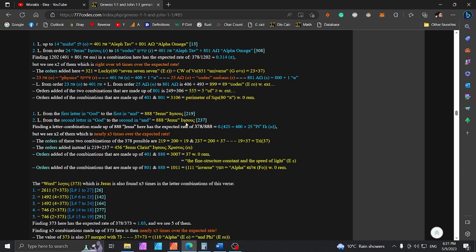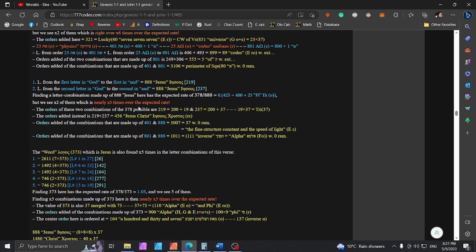Both those equal 888, Jesus, and the expected rate we would expect to find 888 in this verse is 0.425, and 425 is pi in Greek ordinal. It is also pi in English ordinal. But of course I picked pi in Greek here over English. It's Jesus in Greek, so there is some logic to it. Yeah, I think that's it.